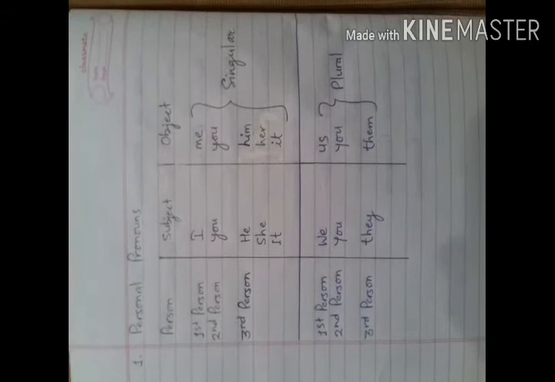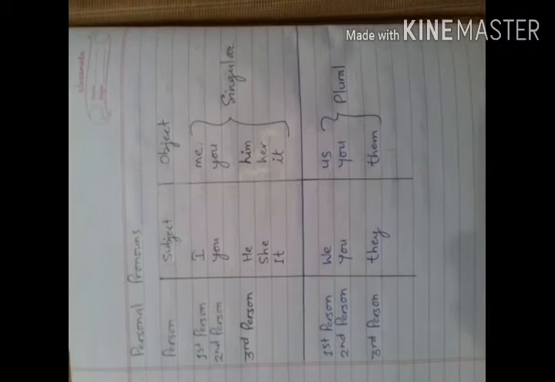Now we will discuss personal pronouns. Personal pronouns are those words which are used to refer to specific persons, places, animals or things. As we know that nouns can be used both as a subject or an object, so pronouns can also be used as the subject and object.